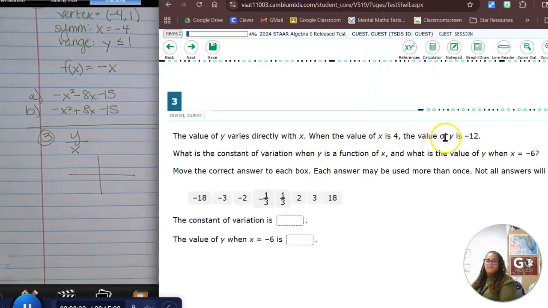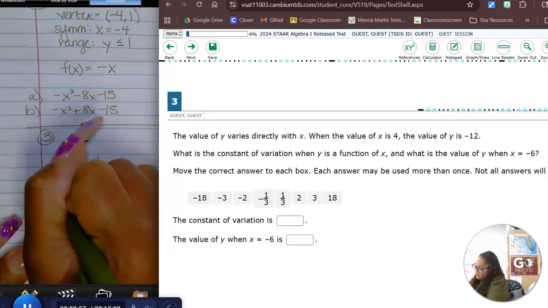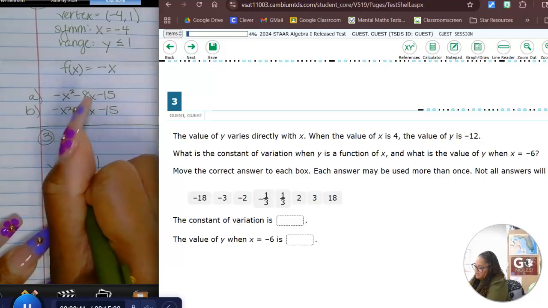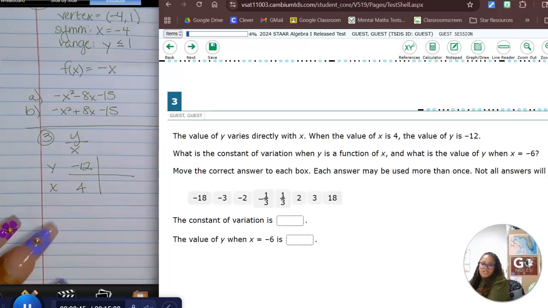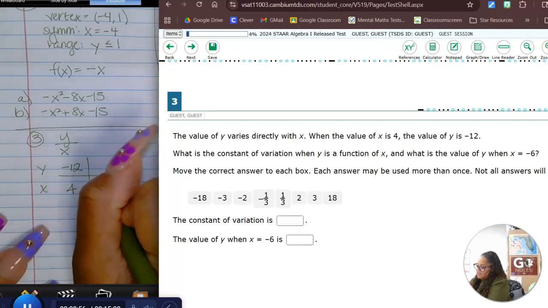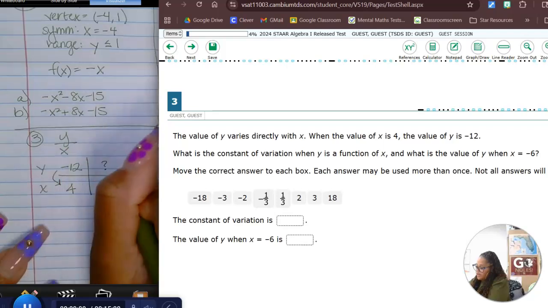When the value of x is 4, the value of y is -12. So y goes on top, x is at the bottom. And then what is the constant of variation when y is a function of x, and what is the value of y when x equals -6? So I want my x to be -6. I've got to find out what this is, and then I need to find out the rate.